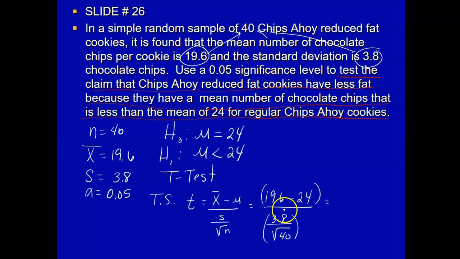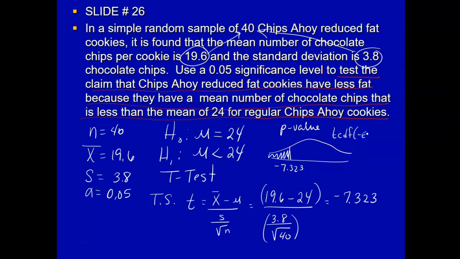Okay, so when I do that calculation, I get negative 7.323. Okay, my p-value, I've got my test statistic here. I'm looking at a left-tailed test, so I'm going to do a t-CDF from negative infinity to negative 7.323, and it has 39 degrees of freedom.